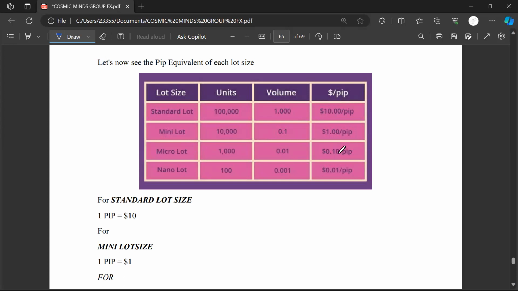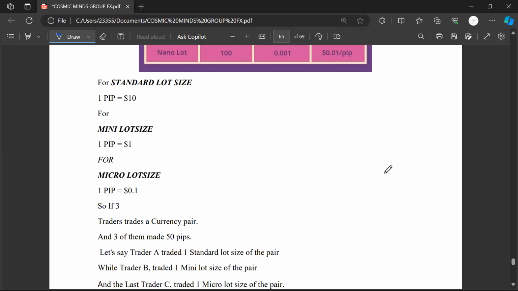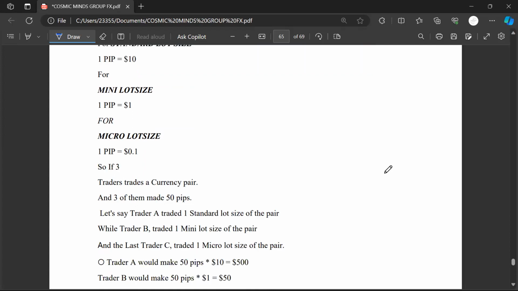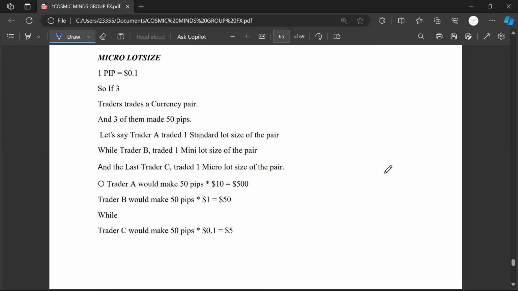Here 1 pip is 0.10 cents. And then here 1 pip is that. You understand? The same thing, just another description, explanation done here. We pause the video and go through it.